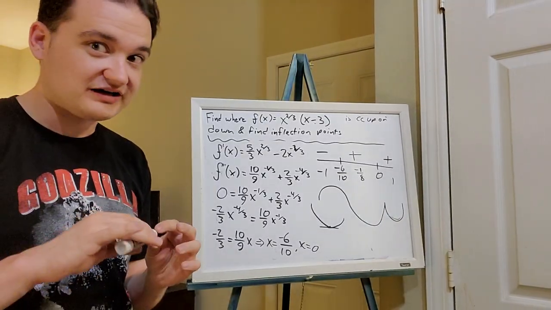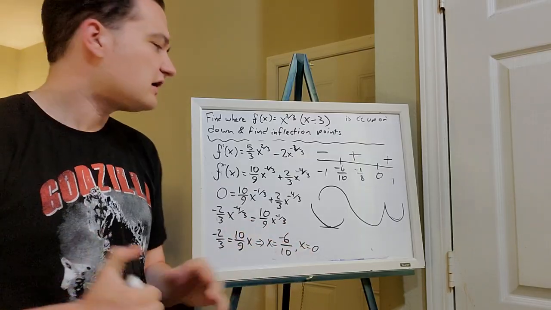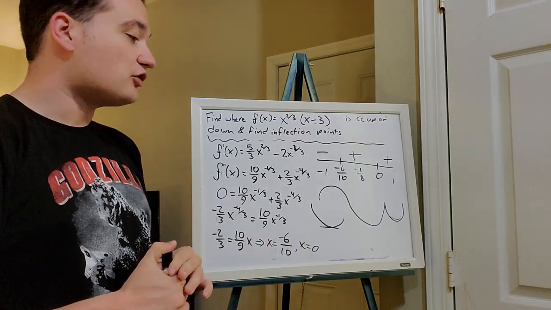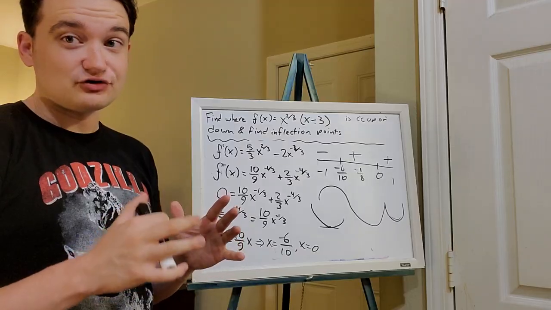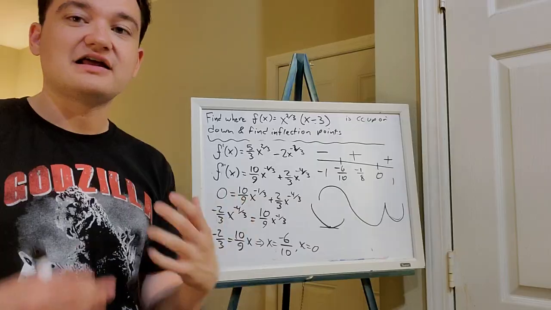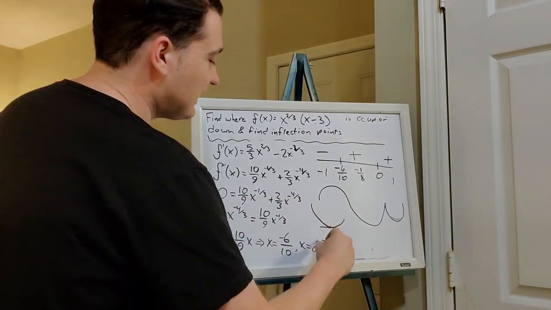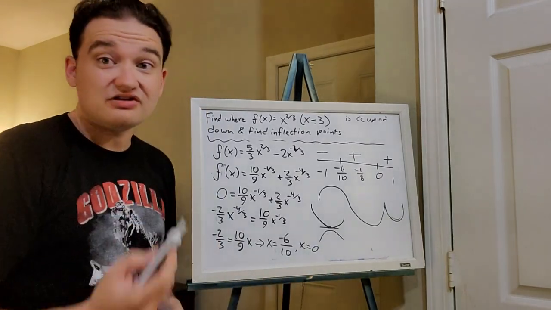It's in your book. You can read about it. Typically, use the first derivative test. It's more convenient. But if you know a place is a critical point and the second derivative's easier to calculate, knowing it's concave up can tell you this is a minimum, or knowing it's concave down will tell you this is a maximum.